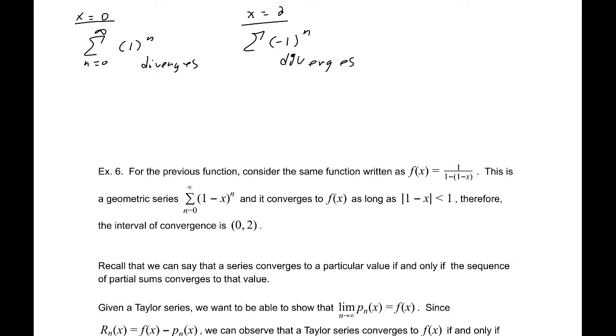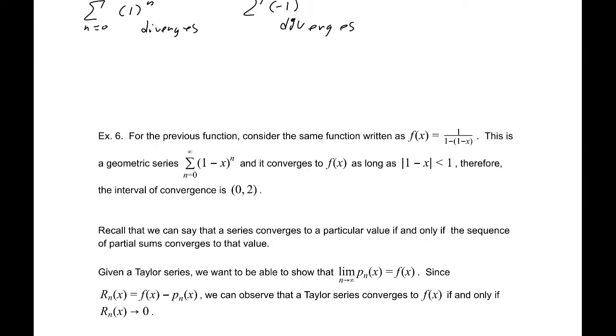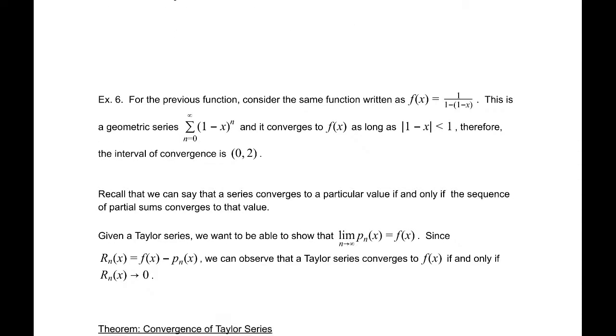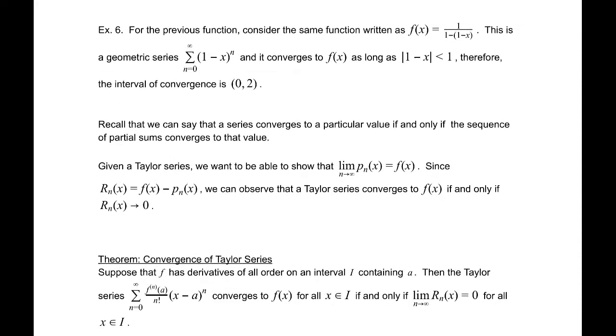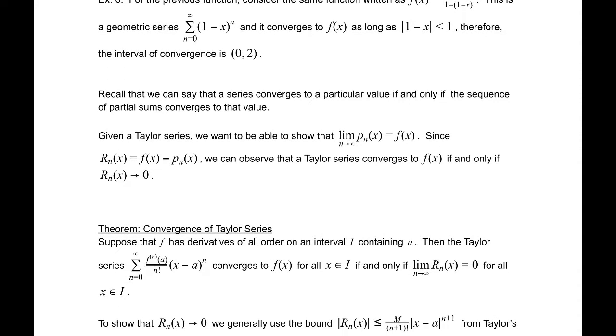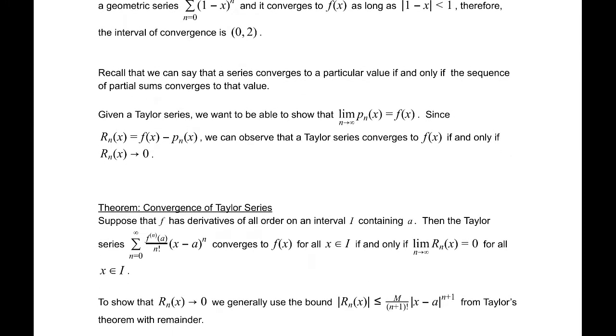Now recall that we say a series converges to a particular value if and only if the sequence of partial sums converges to that value, which is equivalent to saying that the remainder term goes to 0. So we have this: if f has derivatives of all orders on an interval I containing a, the Taylor series converges to f of x for all x in I if and only if the limit as n goes to infinity of Rn of x, our remainder, equals 0 for all x in that interval.